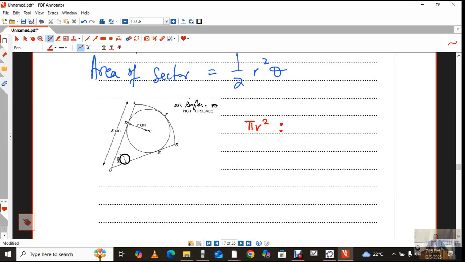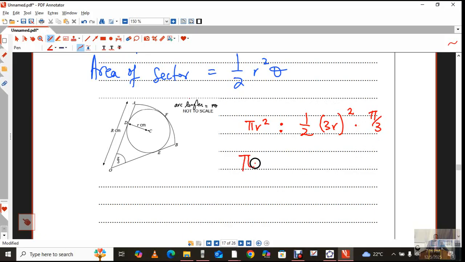Remember, the formula is a half. And what is the big radius? The big radius is nothing but 3r squared, times the angle, the angle here being pi over 3.